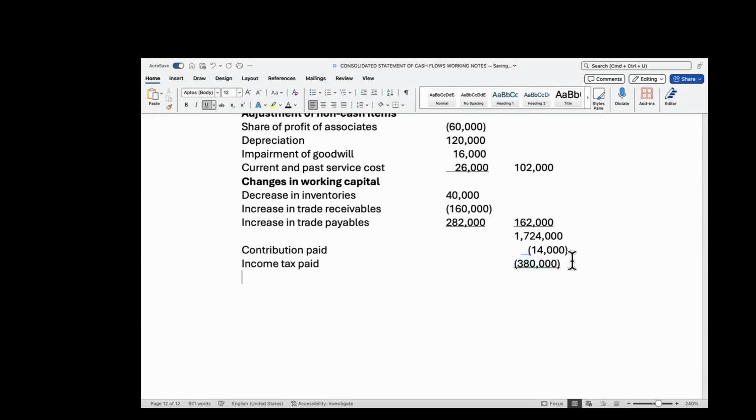So this will be a net cash inflow from operating activities. How much is that? 1,330,000. Inflow.